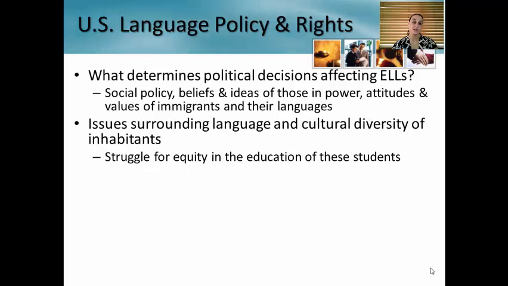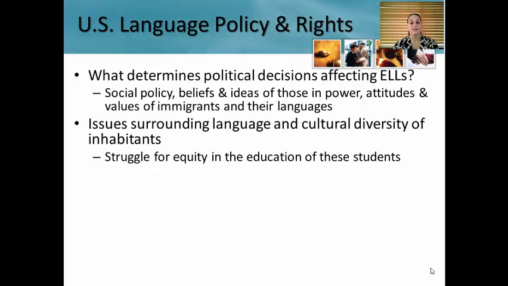And the 14th Amendment, which we're going to talk about today, provides a constitutional basis for the educational rights of all students. Okay, so it's really important to keep in mind the history of this country, the fact that it is multilingual and multicultural, and always has been since the first, quote-unquote, ship arrived with immigrants.